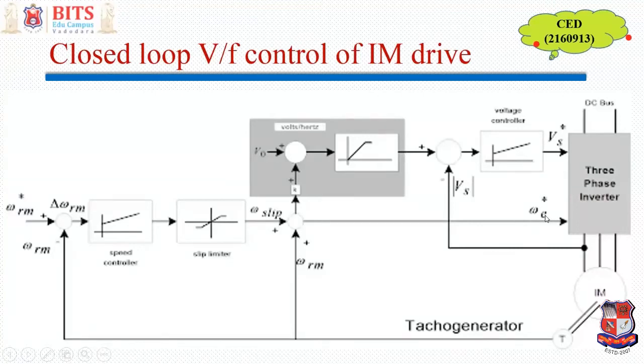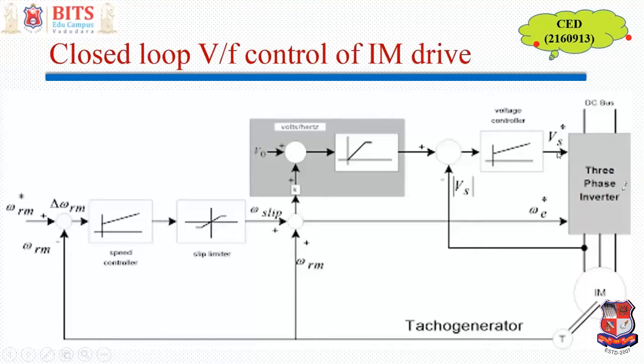Synchronous speed is up to some scale a frequency only. So when you give this command, voltage command and frequency command, the voltage source inverter is supposed to produce the voltage which is giving us required voltage and required frequency. Please keep in mind, this is a block diagram. This is not a control circuit.